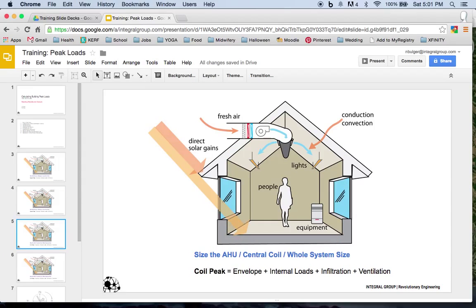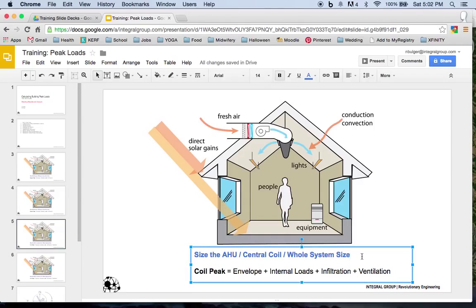And I'll explain why. So now if we look at the coil peak, this is the envelope, this is all the loads in the space. And now if you've noticed here, I've sort of included ventilation. The coil peak is the peak that we would want to know when we start to size the central cooling coil, or the whole system cooling tonnage, whole system size in tons.